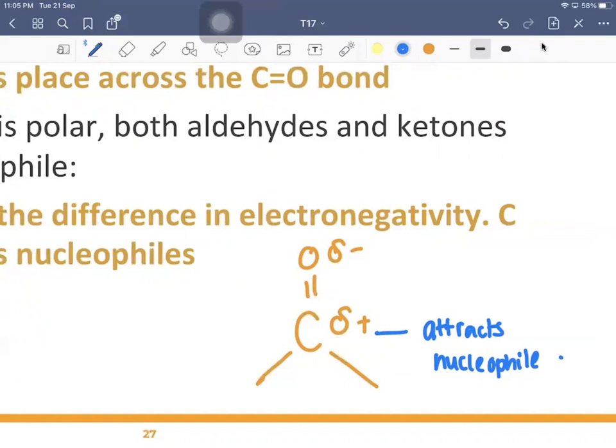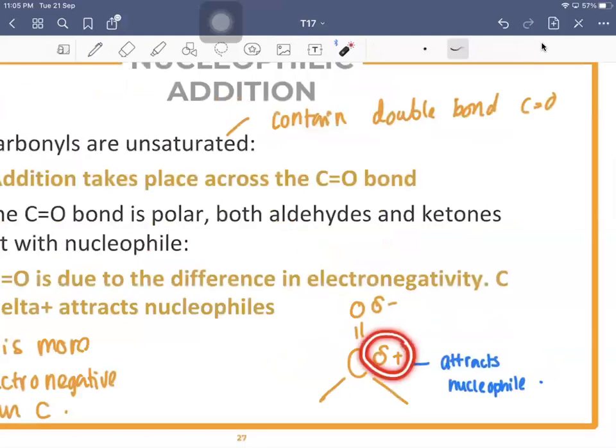So nucleophiles will like to attack an atom or a species that is lacking in electrons. For example, C delta plus. Delta plus means it's lacking in electrons because the electron density is saturated on the oxygen. Or you can just imagine nucleophile having a negative charge, whereas the carbon having a delta positive charge. So opposite charges attract.